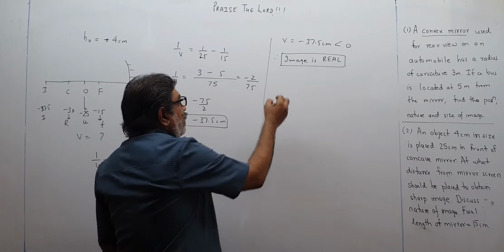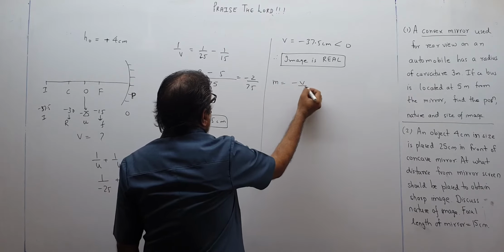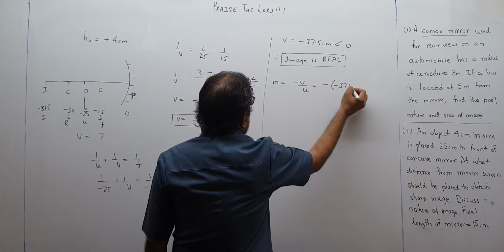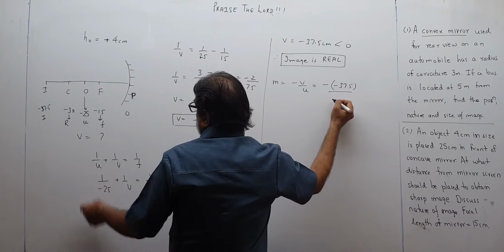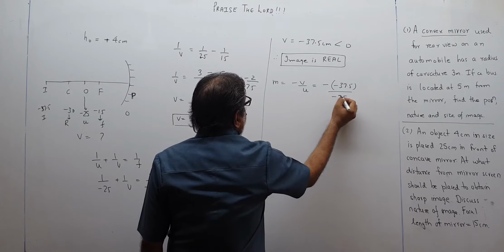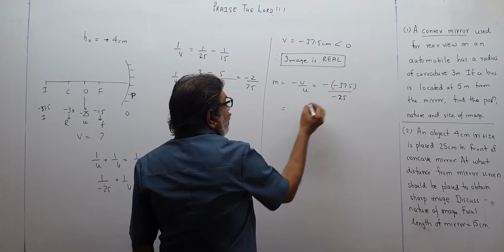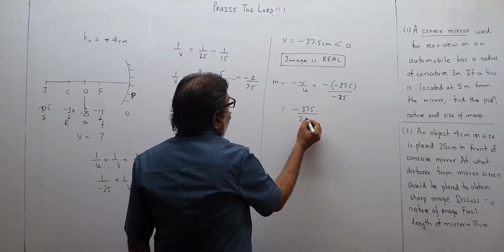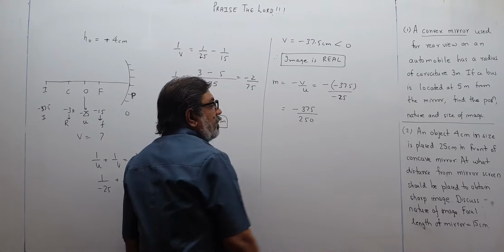Keep that in mind. What is magnification? Minus V upon U. So minus V, 37.5, U, that is minus 25. So the one minus will remain with me. So this becomes 375 upon 250, multiplied by 10.